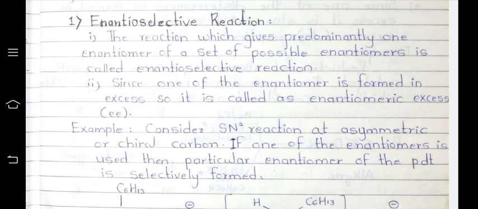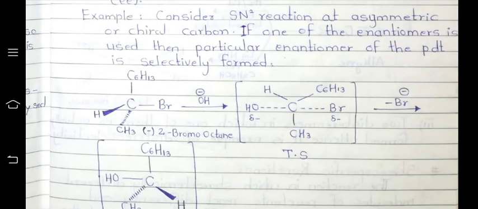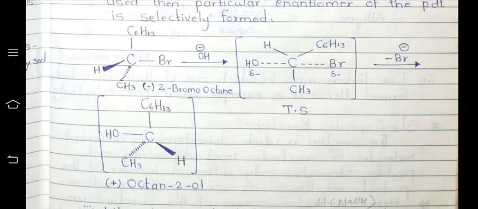Example, consider the SN2 reaction at an asymmetric or chiral carbon. If one enantiomer is used, a particular enantiomer of the product is selectively formed. So this type of reaction is called enantioselective, as given here. Plus 2-octanol, one enantiomer is formed.